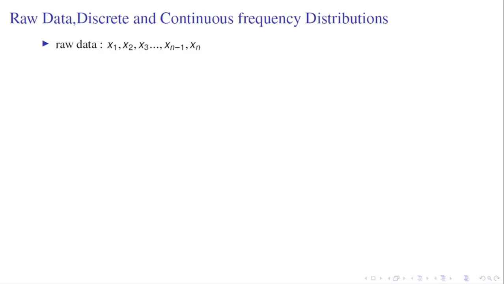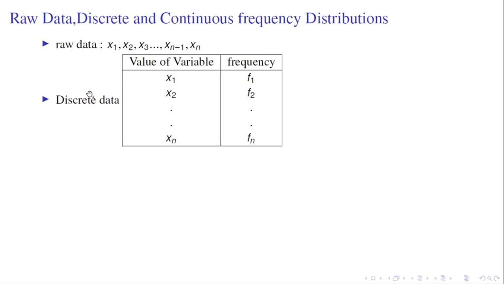Okay, before going to the partition values, let us look at what is raw data, discrete data and continuous frequency data. This is raw data, x1, x2, xn minus 1 and xn. And this is a discrete frequency distribution. Here this is the value of the variable, and the number of times the variable occurs is called frequency.